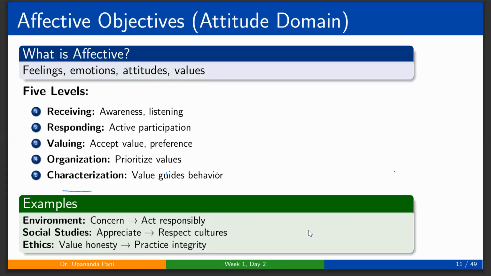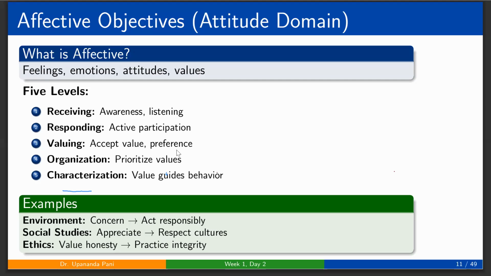Now I'll go to the next level, that is the affective, or attitude, domain. What is affective? Affective is basically feelings, emotions, attitudes, and values. There are 5 levels basically: receiving, which involves awareness and listening, and then responding, that is active participation.